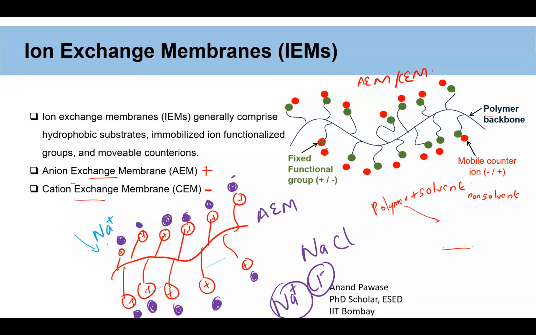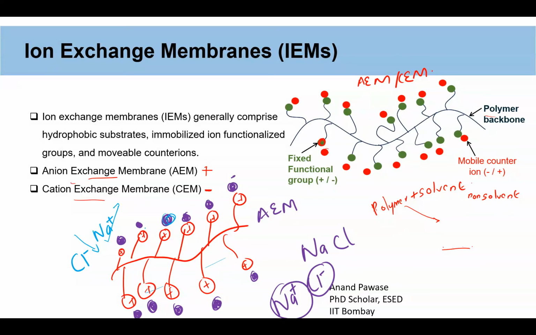What do you think? Does this polymer allow Na plus to pass through it? No, right. It will repel, since its fixed charge is positive. It can't pass through.